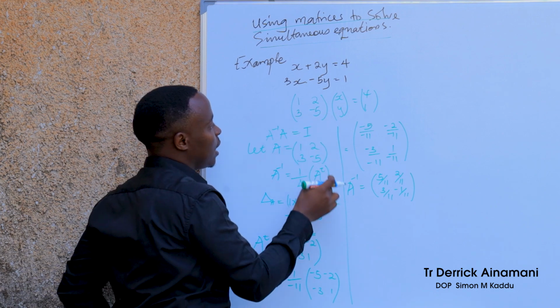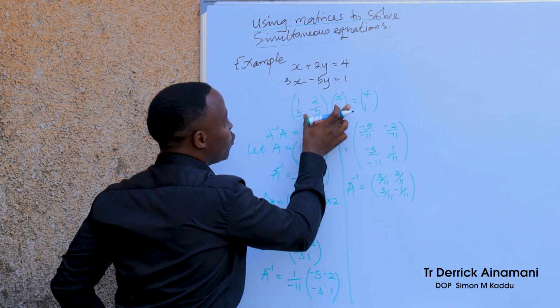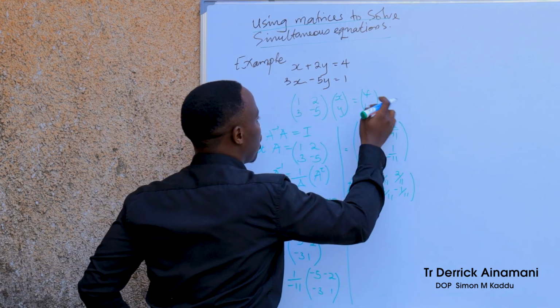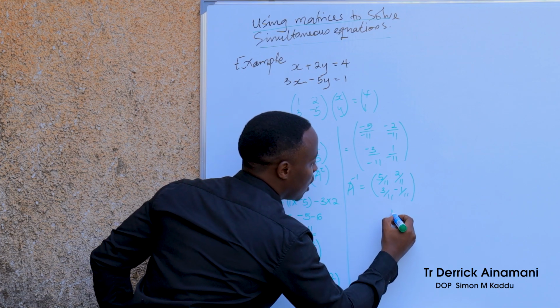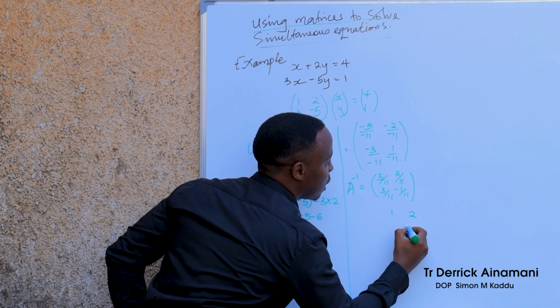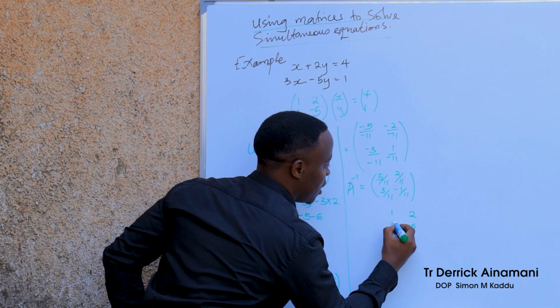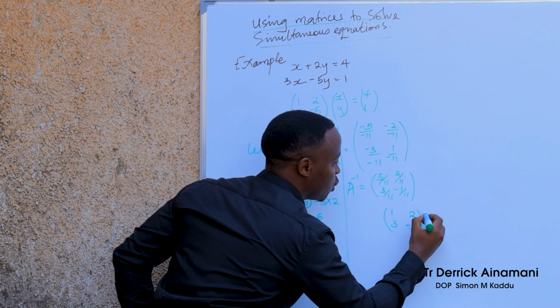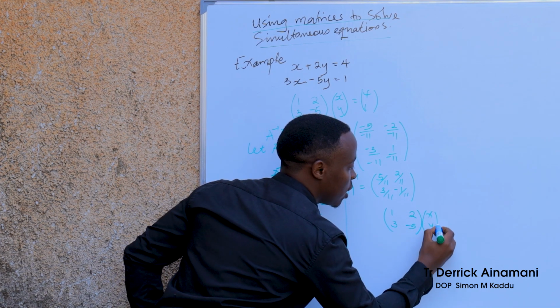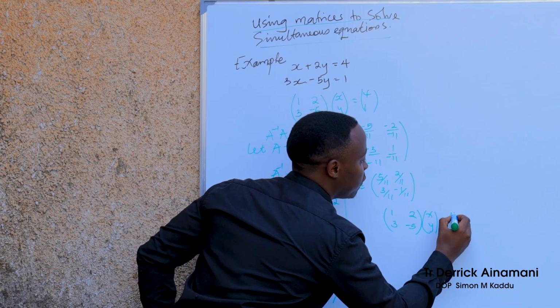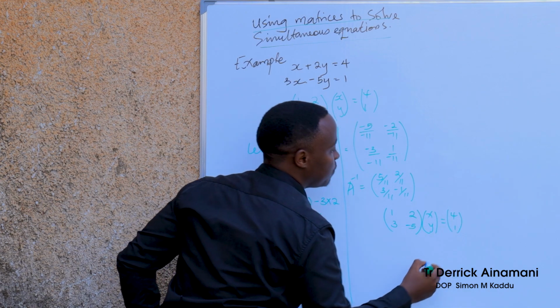So we have our matrix here, we multiply. We come back to our equation here, which is 1, 2, negative 5 and 3 into x and y will be equal to 4 by 1.